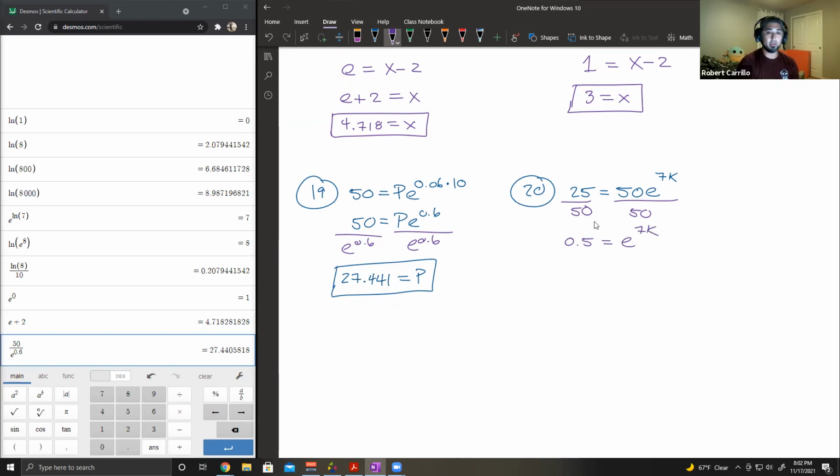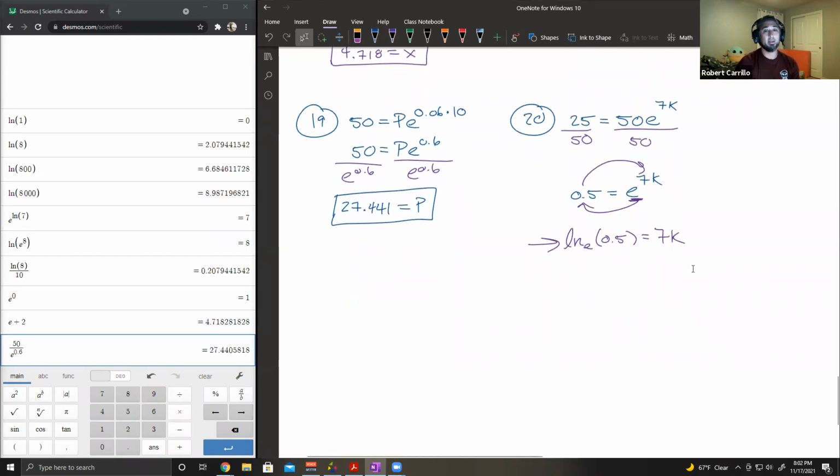And you get 0.5 equals e to the 7k. Now let's convert. 0.5 equals e to the 7k. Now let's convert to natural log, and that base of the exponential becomes the base of my natural log. And we say log base e of 0.5 is equal to 7 times k. Now remember, we don't need that base of e in there.